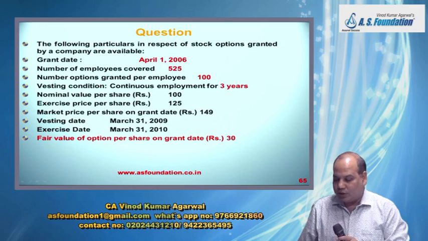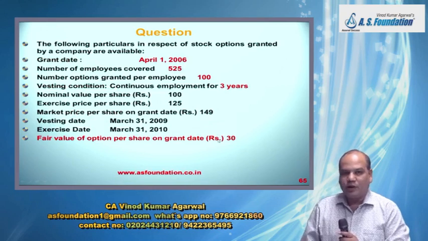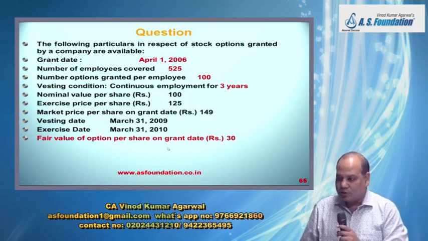Now they have given you the fair value of the option per share on the grant date. So we are going to take fair value of the option if it is given. If not given, then we will take the intrinsic value, which is the difference between market price and exercise price. But if fair value is given, you take the fair value. Fair value of option is calculated using option valuation models like Black-Scholes model, binomial model.